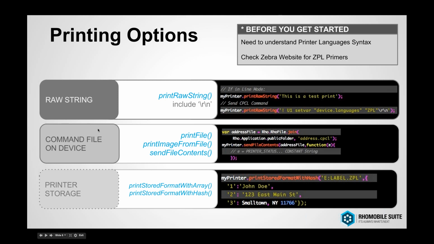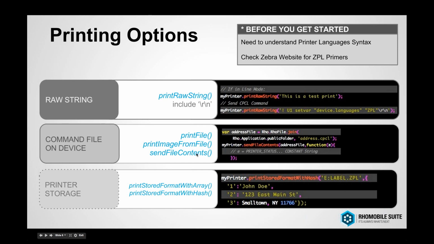If you're familiar with the Zebra languages, it's not always intuitive to understand what is happening when you look at that string. So a lot of times people include a set of strings in a file. In this case, I have included address.cpcl, a file that I created. I took an address example from the Zebra primers and put it into a file in my public folder in my application.